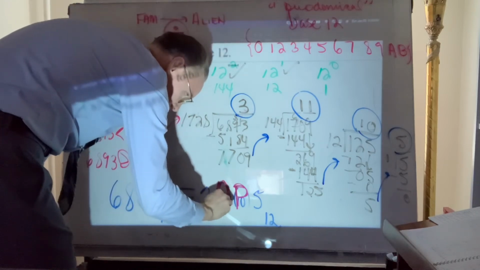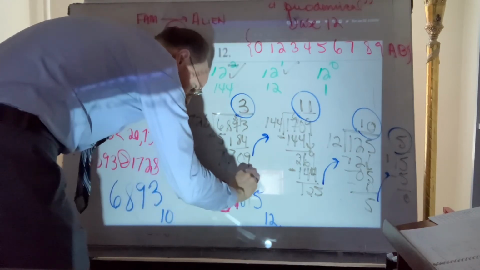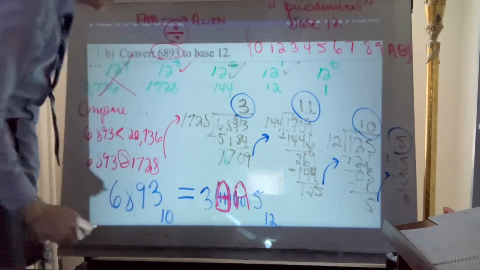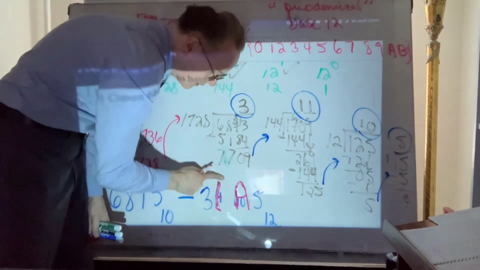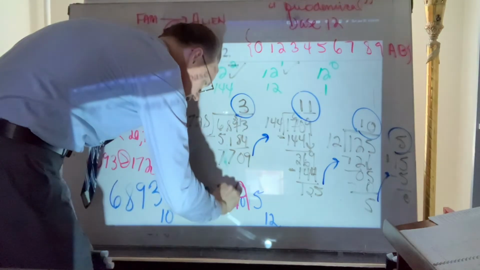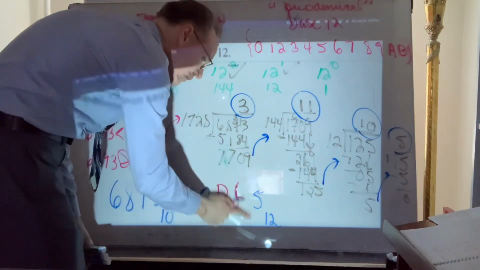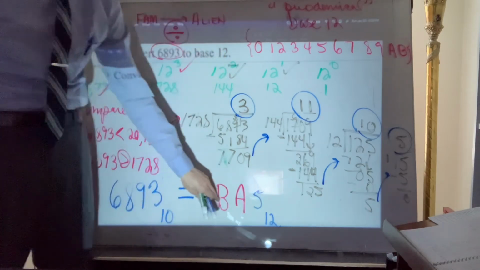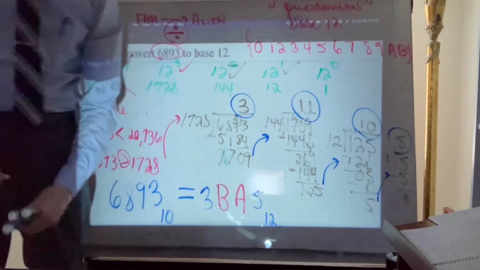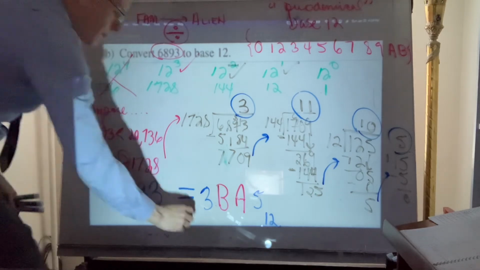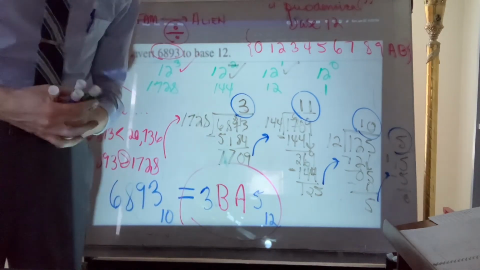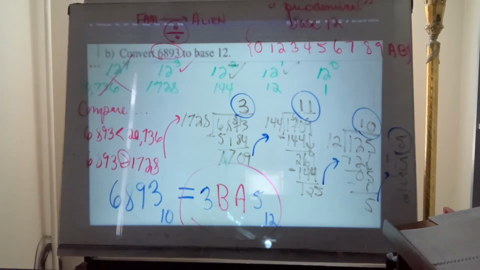A B in the front, and an A in the back. So, yeah. To make it a little bit nicer to read. 3BA5 subscript 12. And that should be your answer. Right, just to verify.